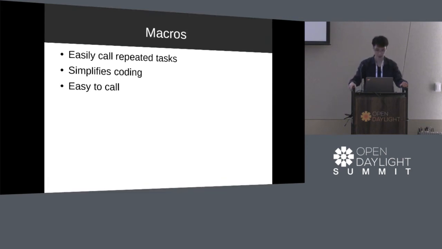Many jobs can be defined using macros. A macro lets the user easily call a frequently repeated task. This is useful as it is cleaner than repeatedly rewriting the same code for the same task.